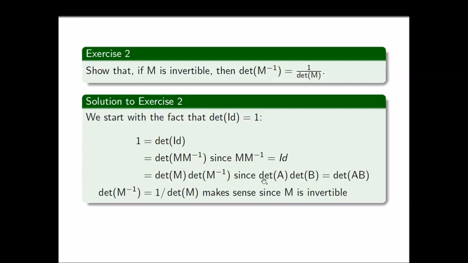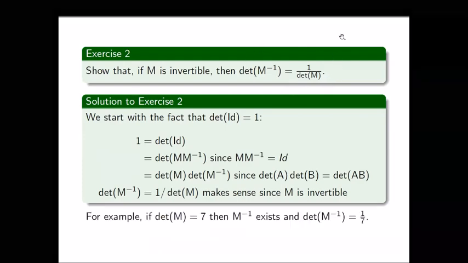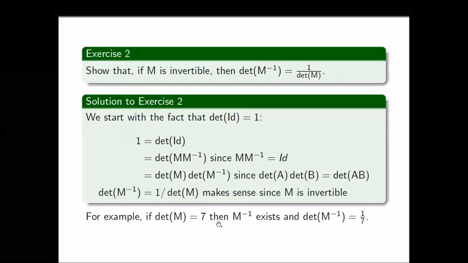By the distributivity of the determinant over products of matrices, we can write it as the determinant of M times the determinant of M inverse. Then we divide by the determinant of M on both sides, and we get the identity as required.